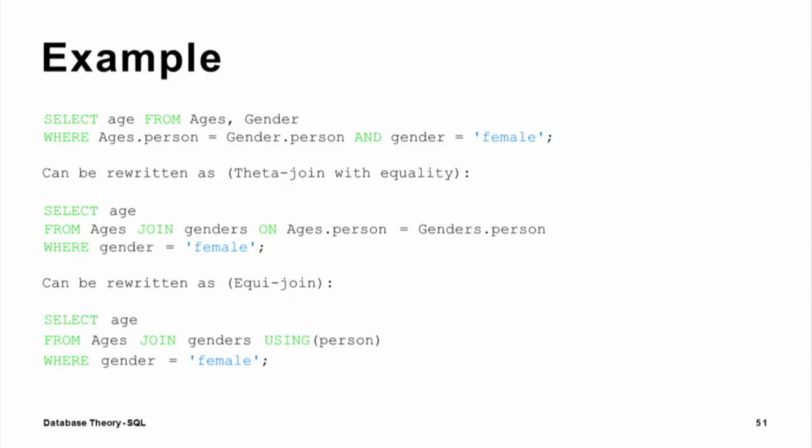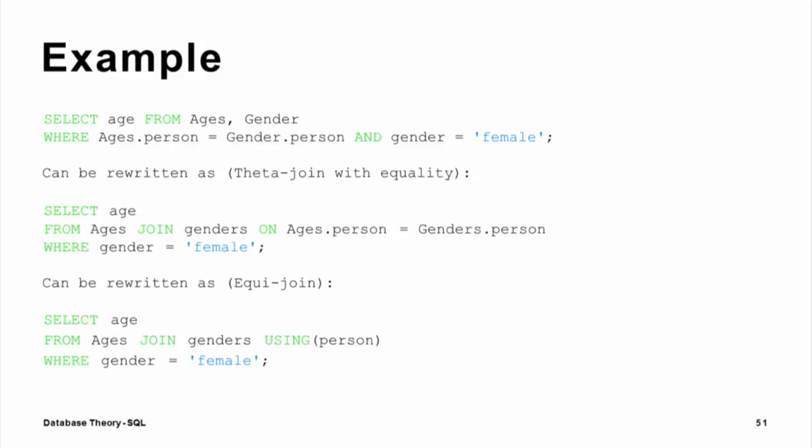But let's go with this example where we had the same select query. That's the first top example, where we were supposed to get only the females, and that was the Cartesian product.